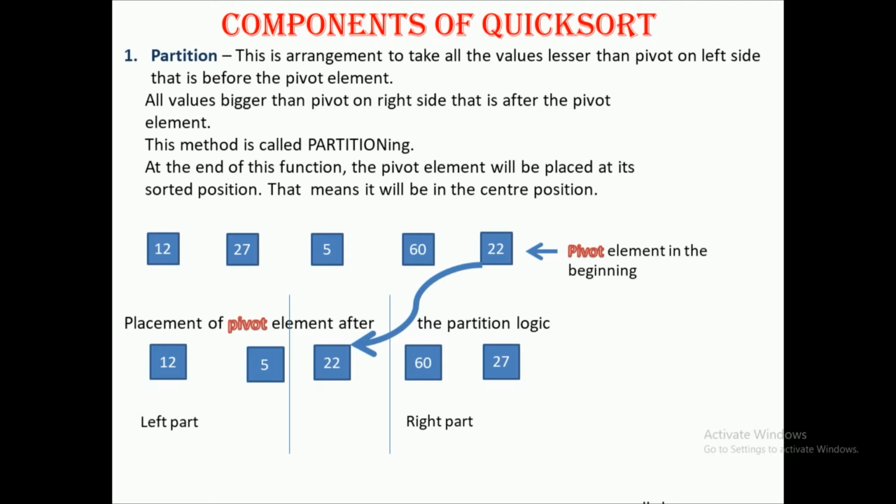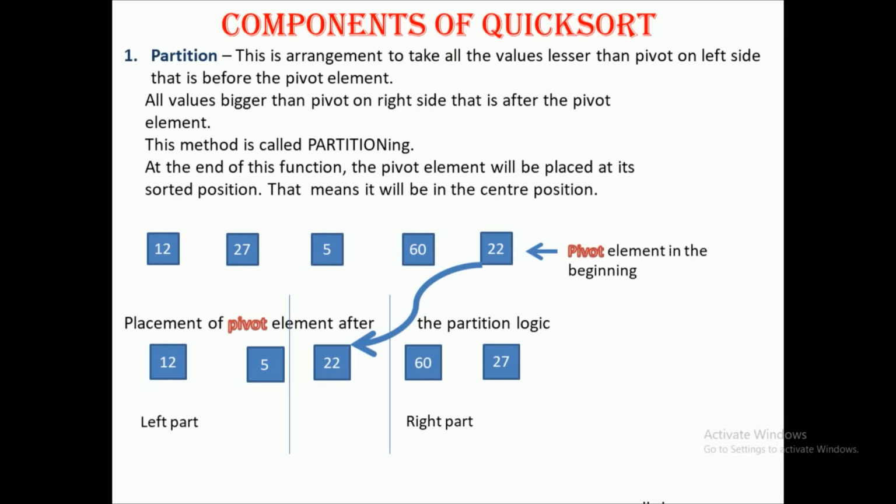We will take all the lesser values on the left side, and all the values bigger than the pivot on the right side, that is after the pivot element. This method is also called the partitioning technique. At the end of this partition function, the pivot element will be placed at its sorted position. That means it will be in the center position.